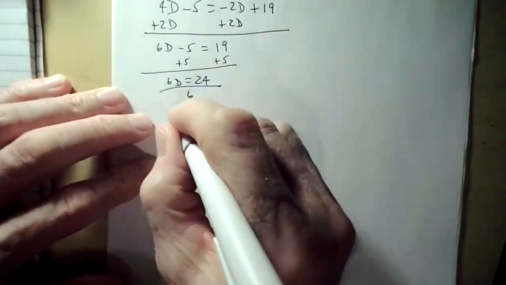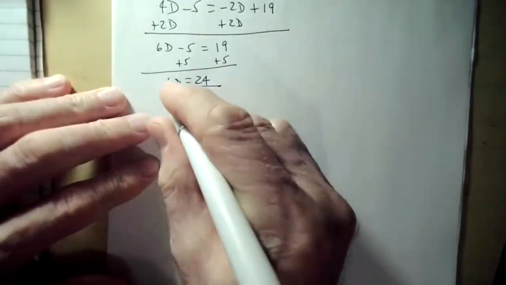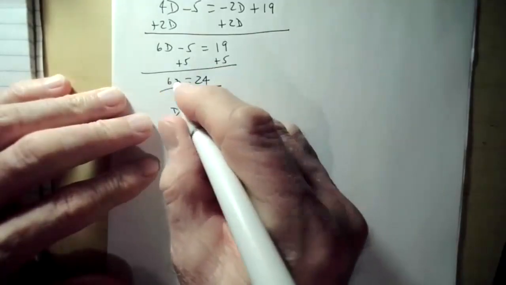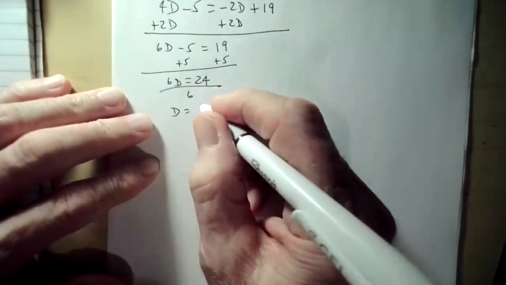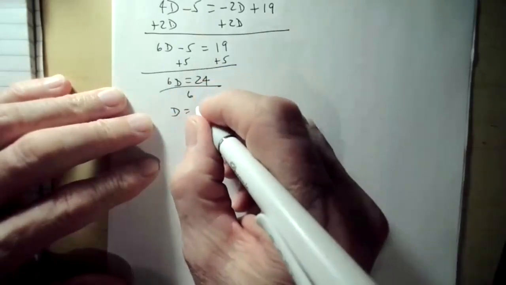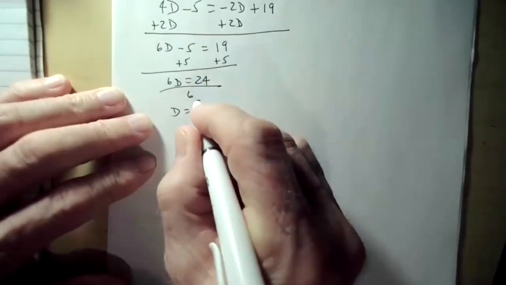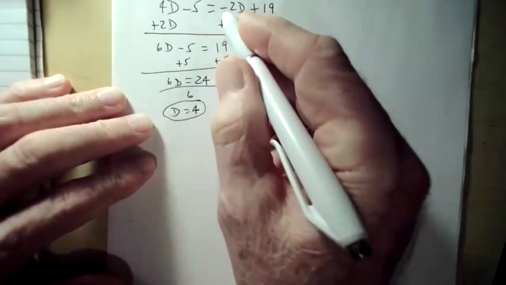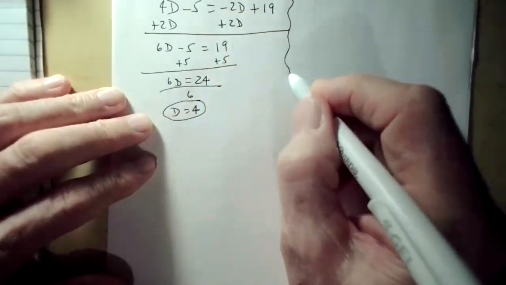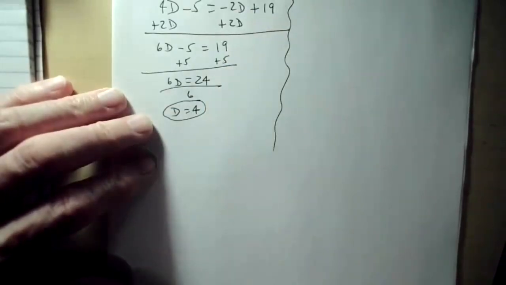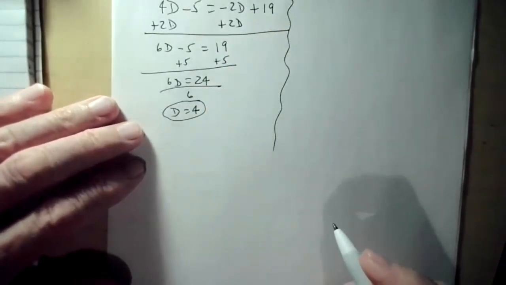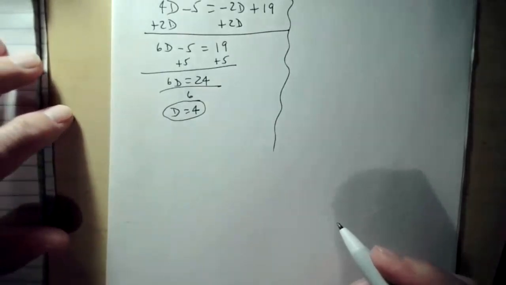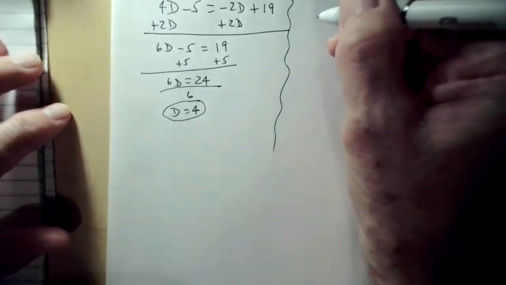And we divide everything by 6. D, 6 divided by 6 is 1D or just D. And 24 divided by 6. Come on, think. 4? Now you can plug it back in and see if it's right. I'm not going to do it. Unless you want me to.